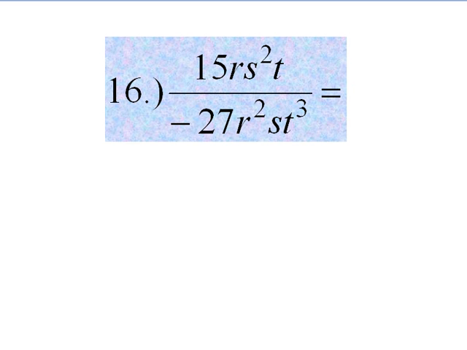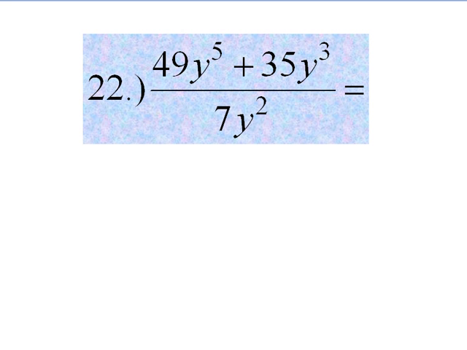Here's the second one. Try simplifying your variables like I showed you. Here's the third one. Now remember that this is a monomial and you divide that into each term.